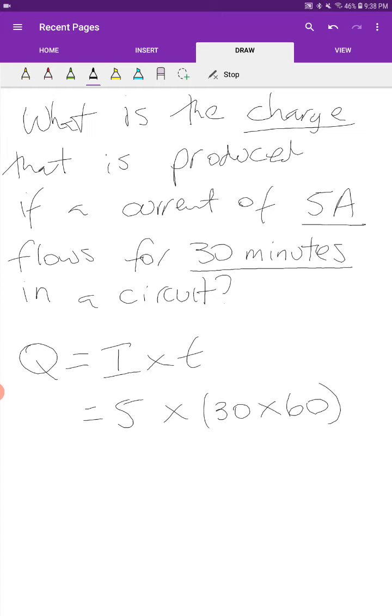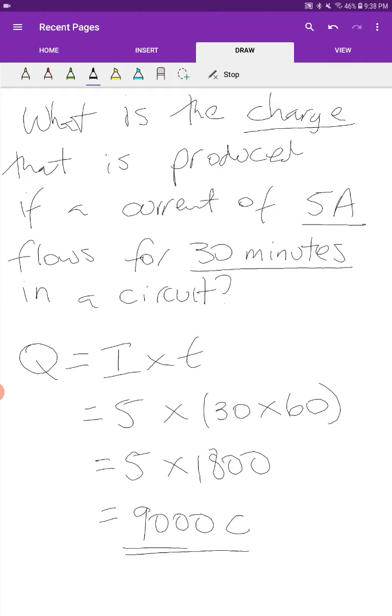Okay? So 30 times 60 seconds is 1,800 seconds. We multiply that by 5, that should give us a charge of 9,000 coulombs.